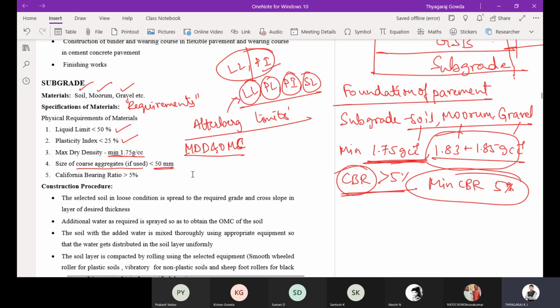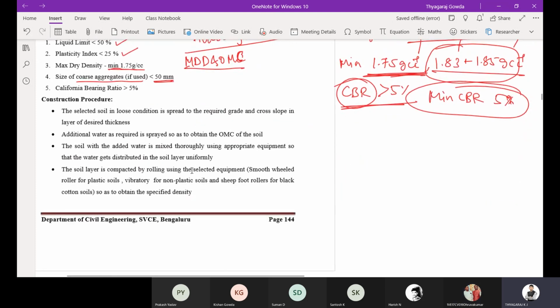Okay. Next is the construction procedure. How are you going to construct this? That is, the soil subgrade. As we all know, it is a foundation layer. So how are you going to construct it? Usually the soil is in situ or from a borrow area.